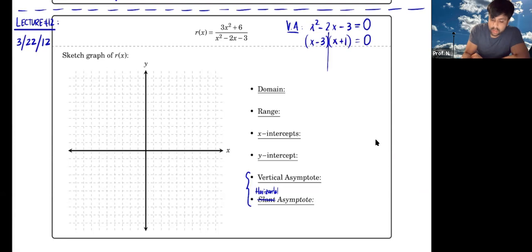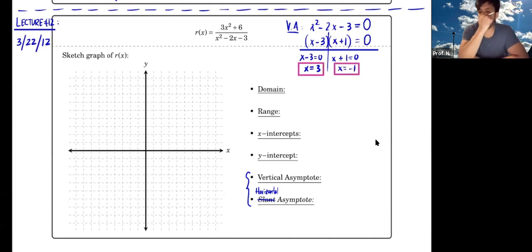And in this case, the result is that x minus 3 equals 0, of course, and x plus 1 equals 0. So therefore, x equals -1 and x equals 3. So in this case, we get two vertical asymptotes.